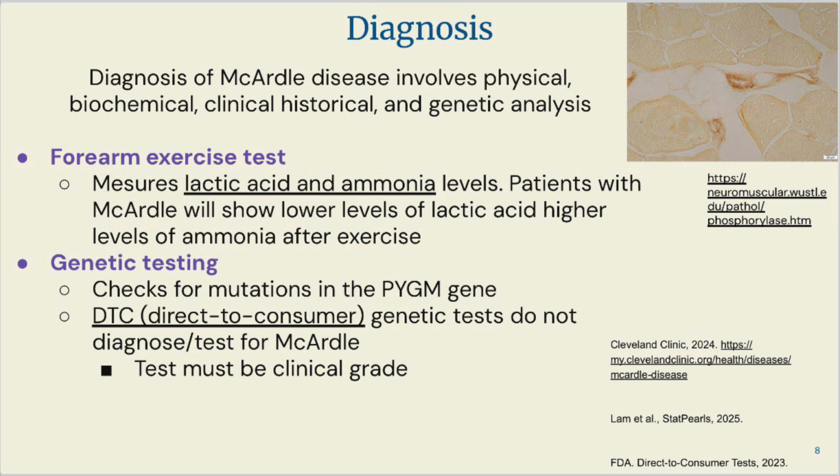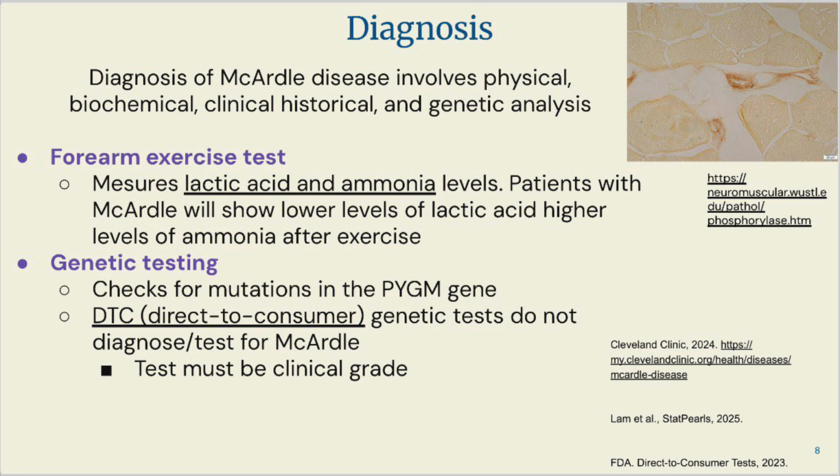For the diagnosis of McArdle disease, the most optimal way to do that is a combination of physical, biochemical, clinical, historical, and genetic analysis. The forearm exercise test is a pretty solid way to measure lactic acid and ammonia levels, and the relevance of finding those specific levels of those chemicals is when you exercise, lactic acid will build up.